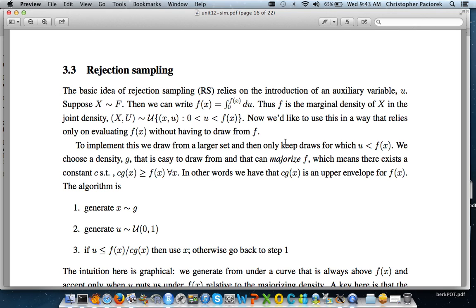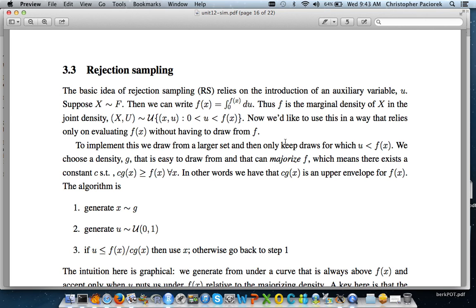So that's the basic strategy. Just to reiterate what I have written down: generate from this distribution G. We're going to make sure that if I take some constant and multiply by G, that's going to be bigger than the f of interest. So this is c times g, and this is f of x. I'm going to generate x from G, and G has to be something that's easier to generate random numbers from.